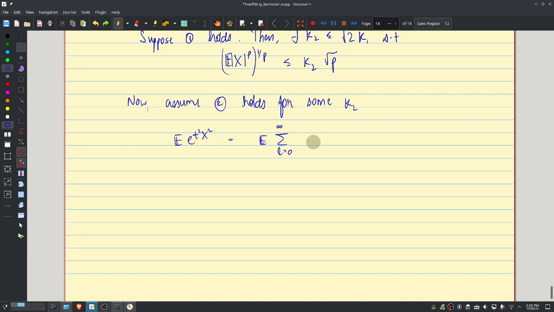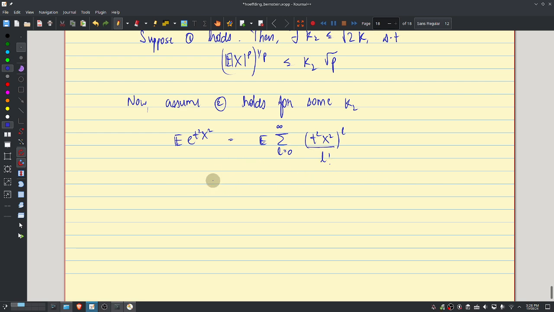So it's going to be the sum of t square x square whole to the power L divided by L factorial, right? Very good.